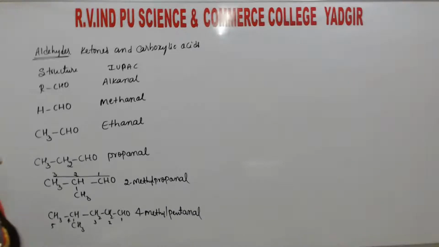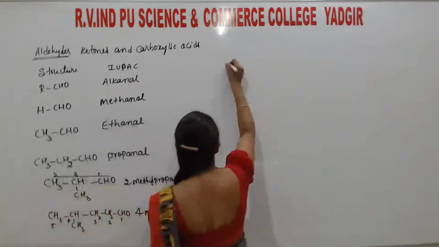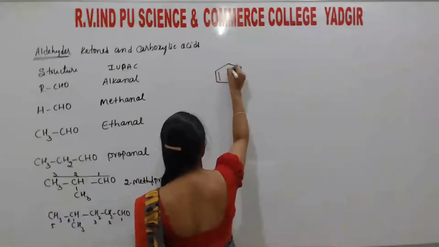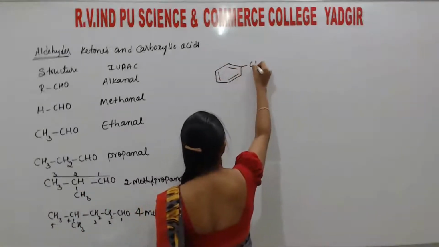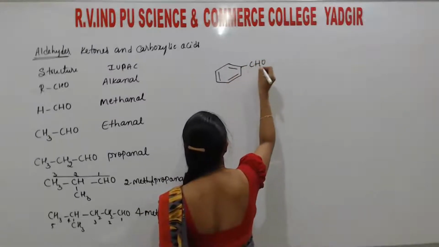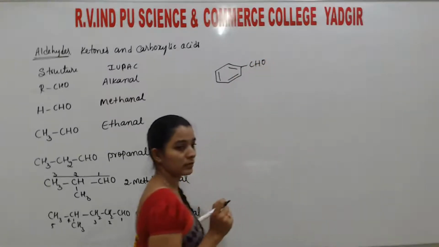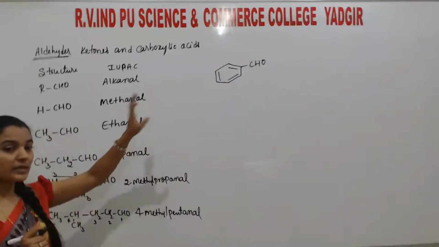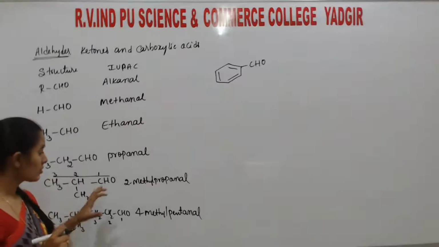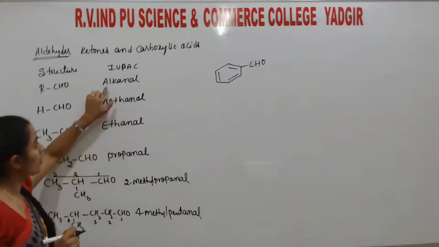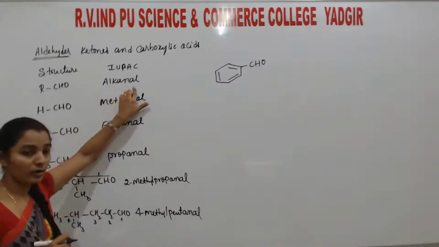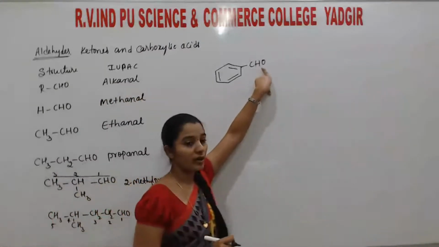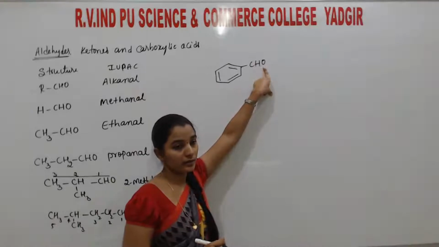Okay. So next, if a benzene ring is there, and to this benzene ring CHO is attached. So students, as I told you, that follows the name alkanal. Okay, but here, this is alone called carbaldehyde.